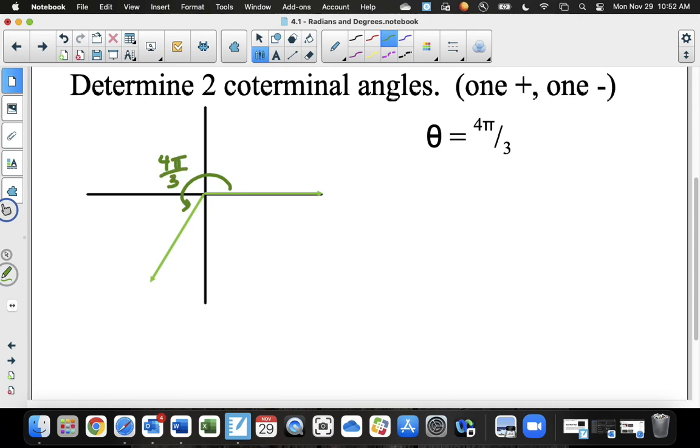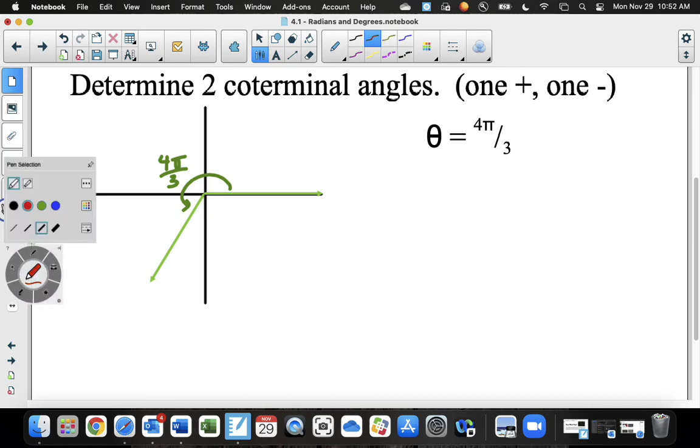I want to come up with 2 other angles that look just like this, but come up with a different answer, that are coterminal. In this case, first one, we could do like we talked about. We could just go the opposite direction.